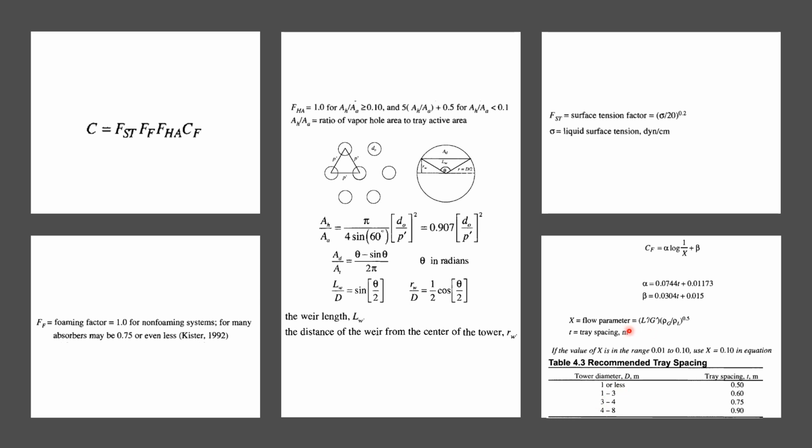Now, I need to bring to your attention this statement here, which is basically, in order to calculate CF, we need capital X, the logarithmic value of 1 over X. So to make sure that we have a value for CF, if X is less than 0.1, we have to shift or force the value of X to be equal to 0.1.